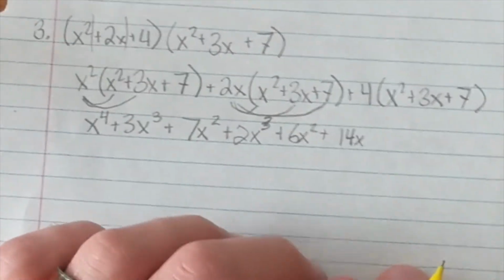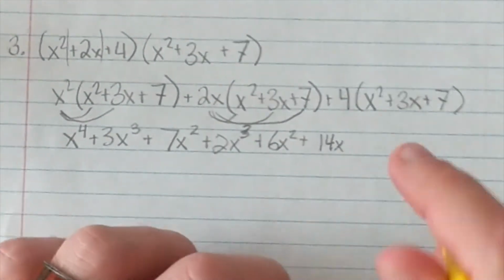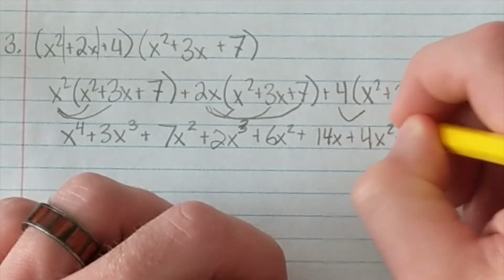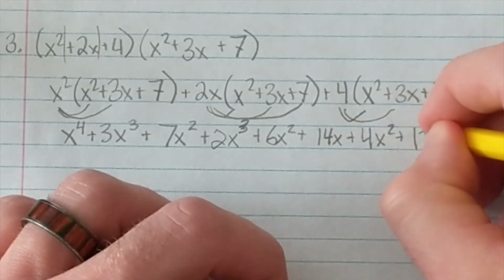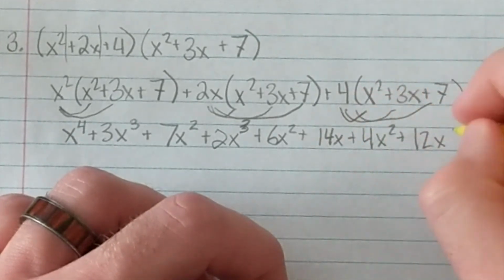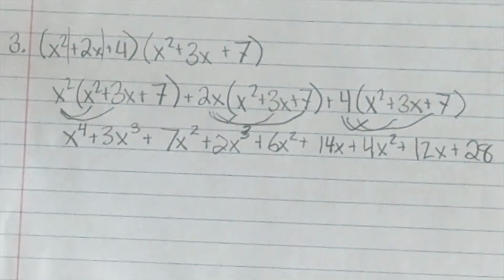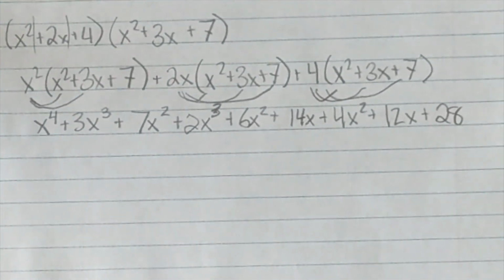Then our last term. 4 times x squared is 4x squared, plus 4 times 3x is 12x, plus 4 times 7 is 28. So there is our long answer, and we will now combine our like terms.